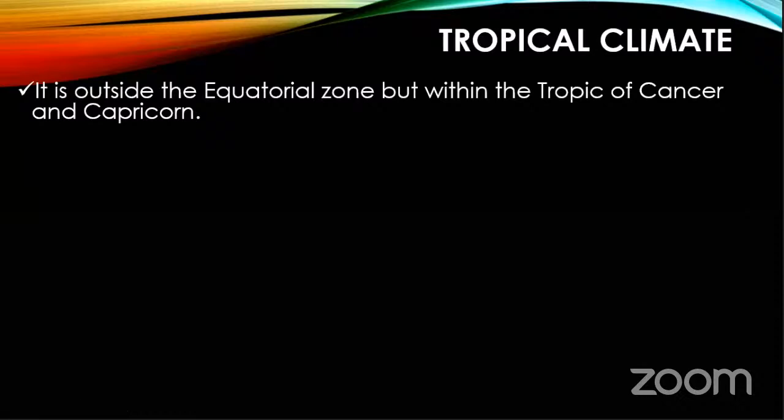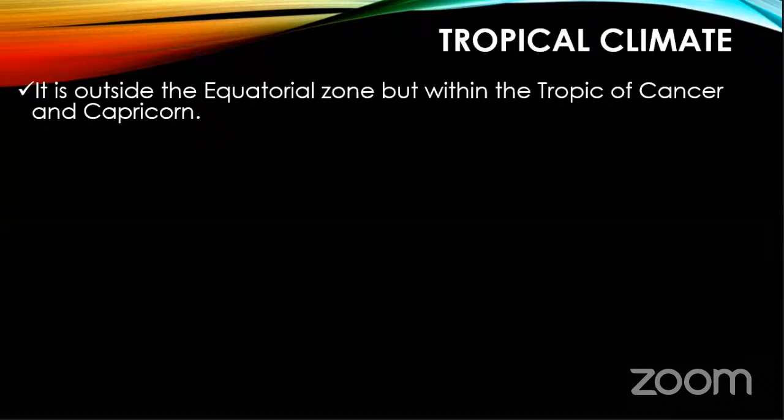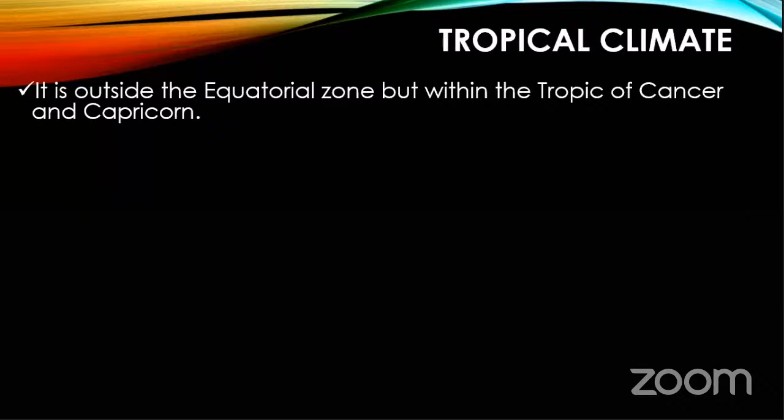So it is outside the equatorial zone, but within the Tropic of Cancer and the Tropic of Capricorn. The Tropic of Cancer is 23.5 degrees north of the equator. The Tropic of Capricorn is 23.5 degrees south of the equator. So the tropical climate is within the Tropic of Cancer and the Tropic of Capricorn.